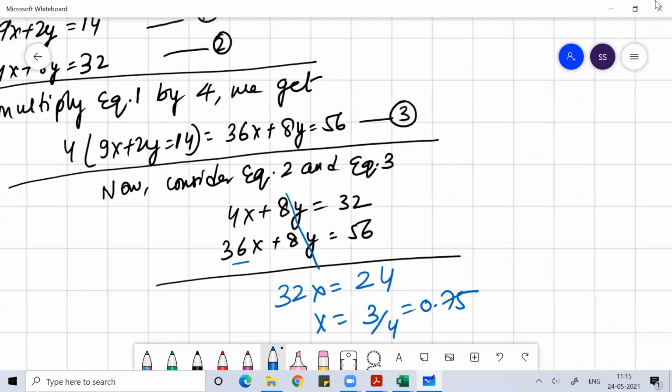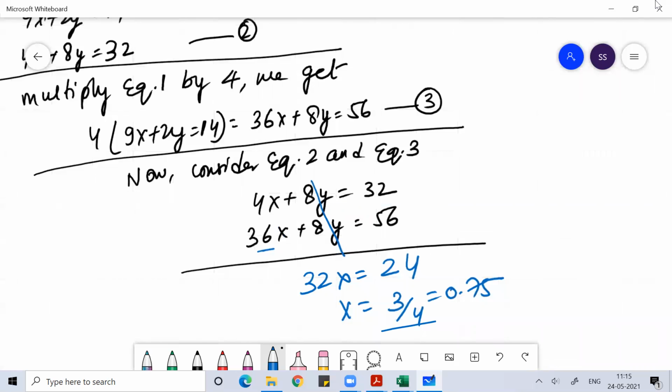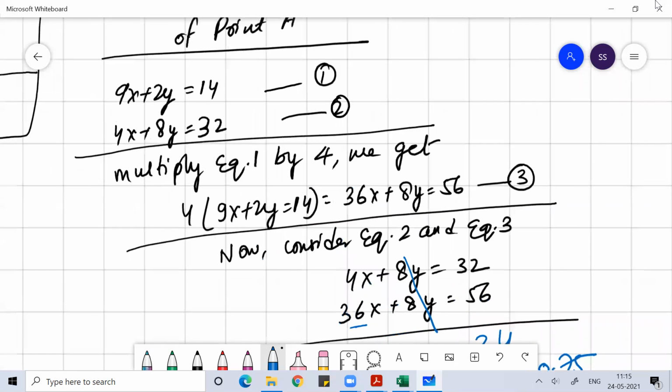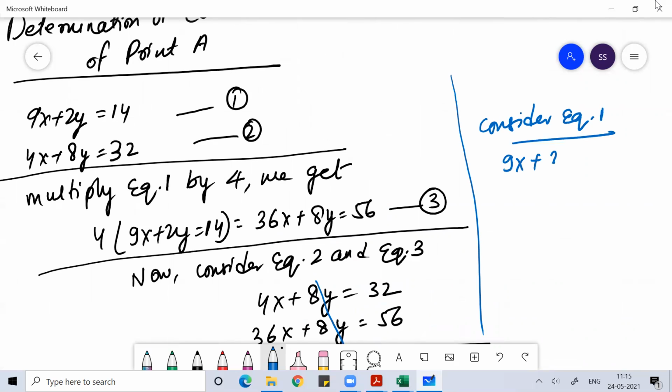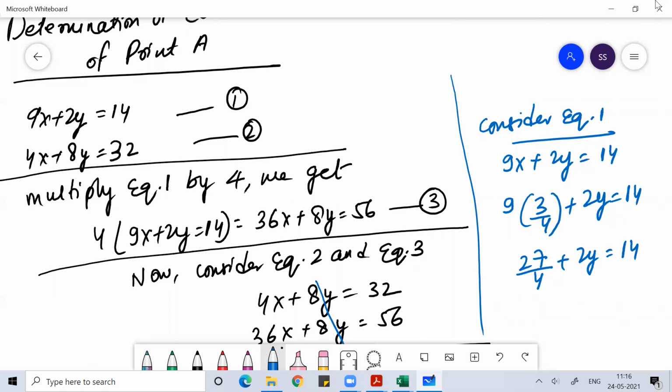Now I can find the y value. For that, I can put this value of x in any equation. I have two equations, so I can put the x value in either. Consider equation 1, that looks easier: 9x plus 2y is equal to 14. With x as 3 by 4, 9 3s are 27, so 27 by 4 plus 2y is equal to 14.